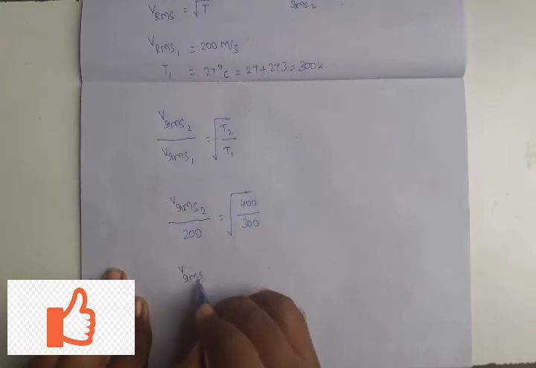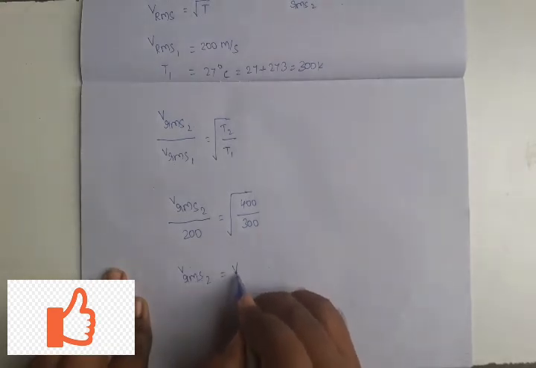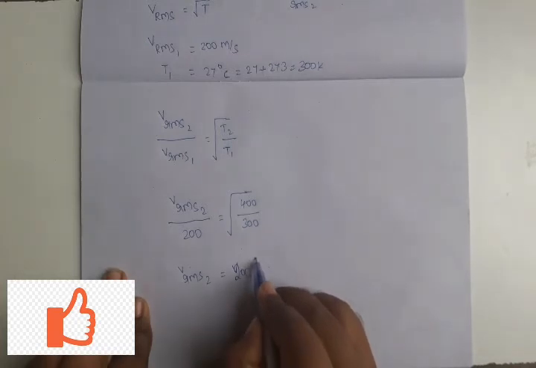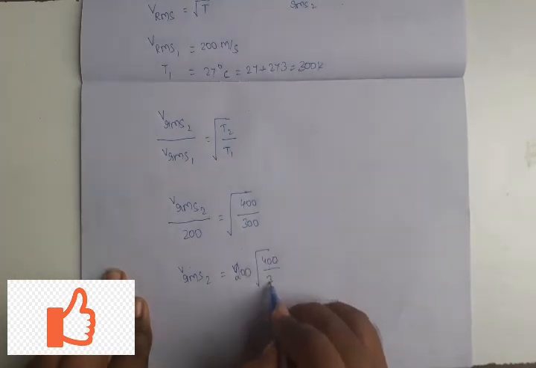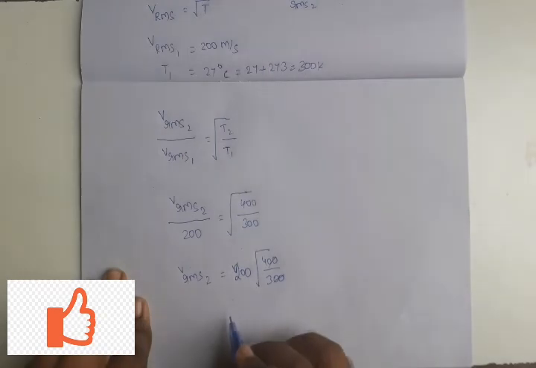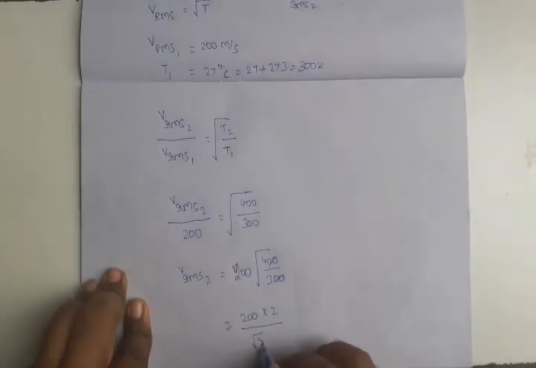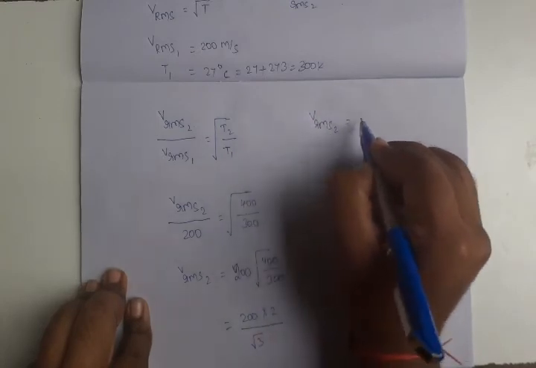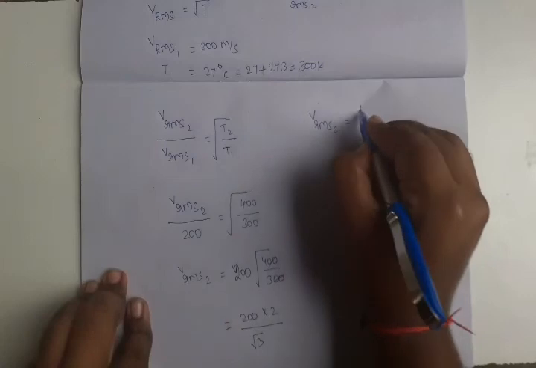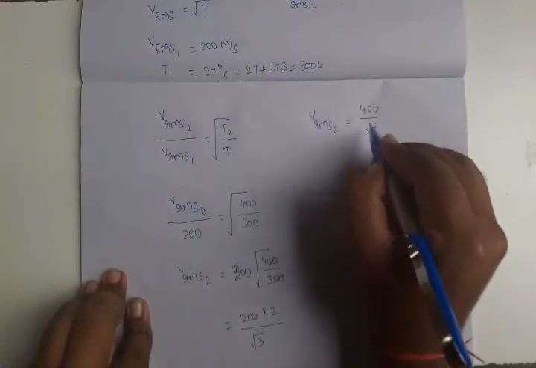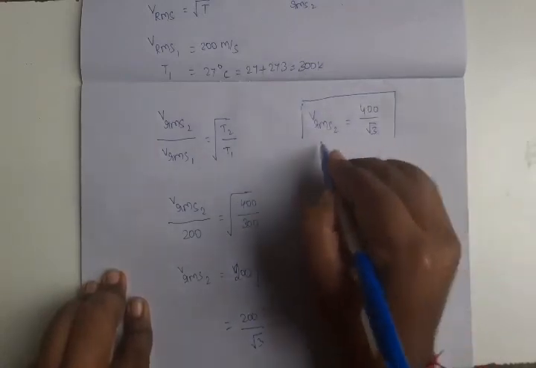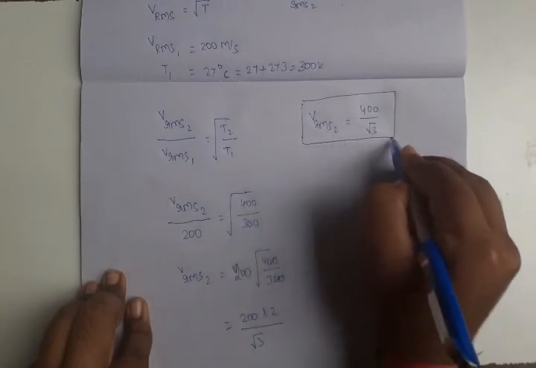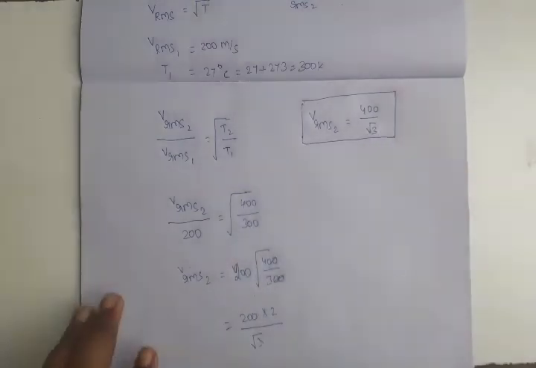So VRMS 2 equal to 200 square root of 400 by 300. 2 zeros with 2 zeros get canceled. So 200 into square root of 4 by 3, means 2 by root 3. So VRMS 2 value is 200 into 2, 400 by root 3. That is the second VRMS value, 400 by root 3.